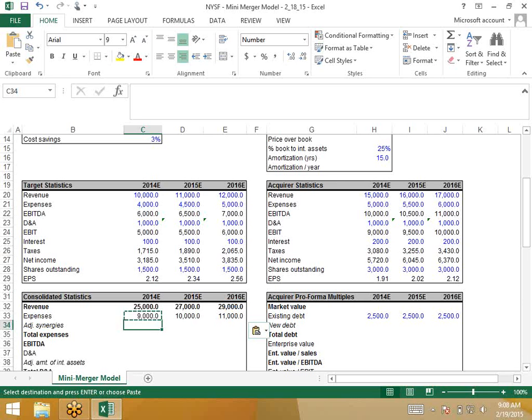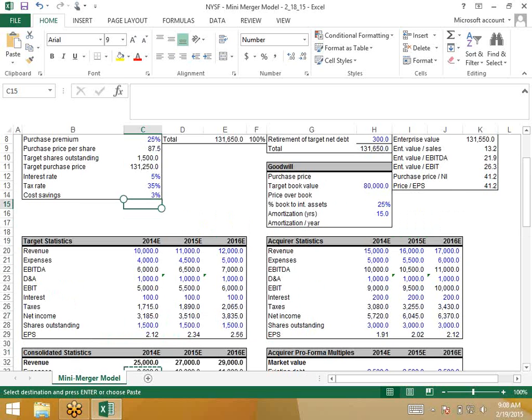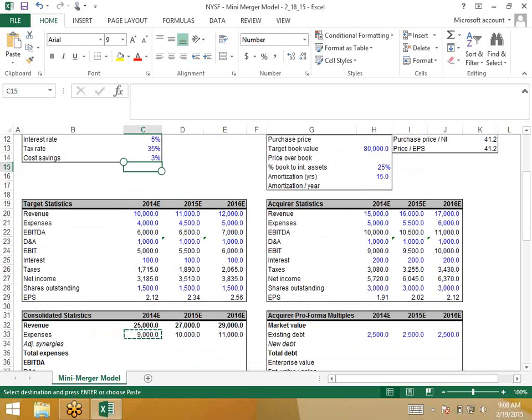And then synergies, if you notice, there's an assumption up in the considerations box, cost savings 3%. Let's assume 3% of the expenses are cost reductions. So we're going to take 3% times the expenses. And I'm going to make it negative because it's going to negate against an expense. So I'm going to do minus the expense times the 3%.